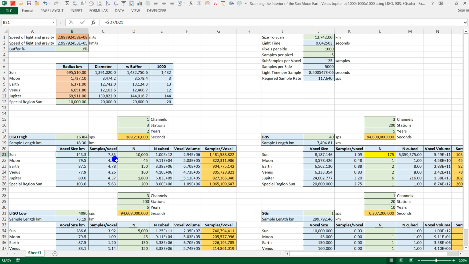So here, the Moon is pretty small, so I can get a 45 by 45 by 45 cube, and I can get 4 samples on each side of a voxel. So it's this cube for the total number of samples, and that will cover the Moon, and then the Earth there.